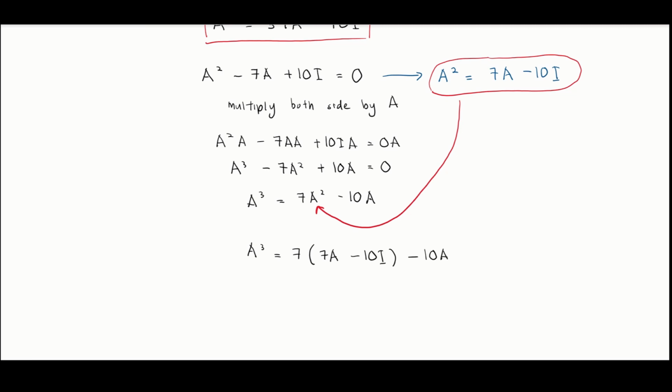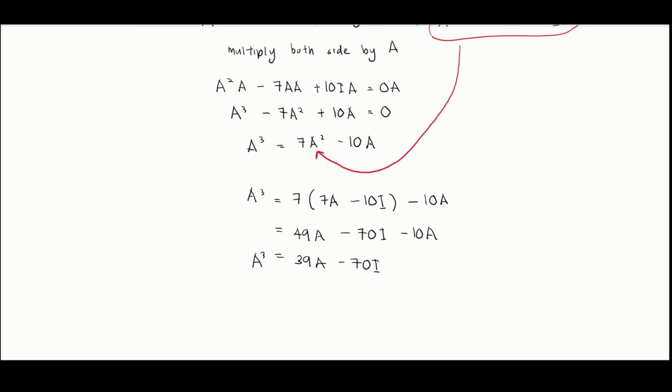Alright, so we expand this, it becomes 49A minus 70I minus 10A. And if we simplify this, 49A minus 10A is 39A minus 70I. So this is A cube, and this is what we want to show. So we have what we want and then shown. Finish with the question.